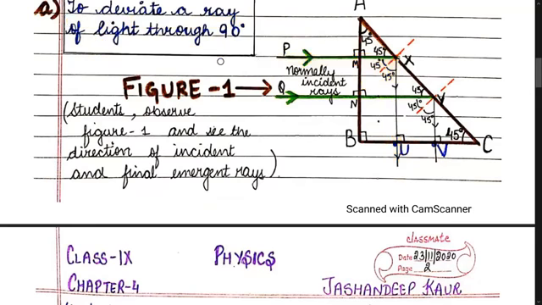As we have done the ray P, in the same manner, one more ray has been drawn in the similar fashion, such that Q is incident at Y and TIR is occurring at point Y, and the ray is getting deviated in the same manner from point V, and again the angle of deviation is 90 degree.